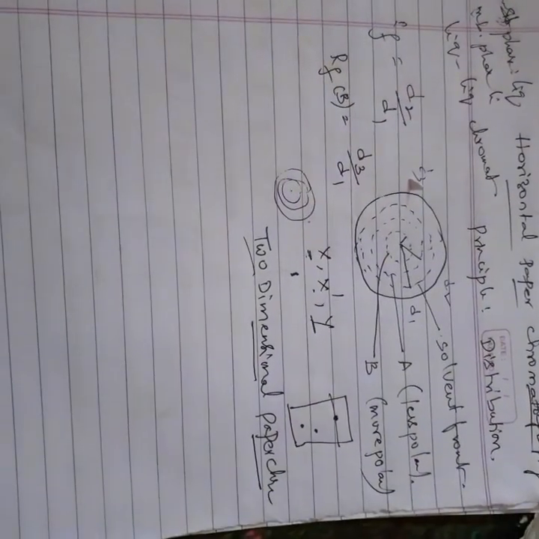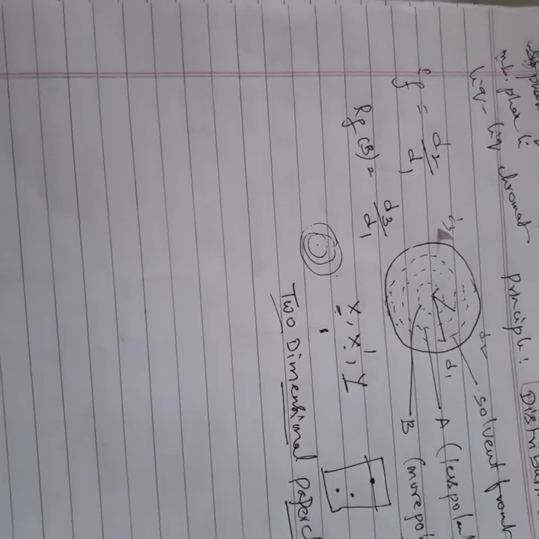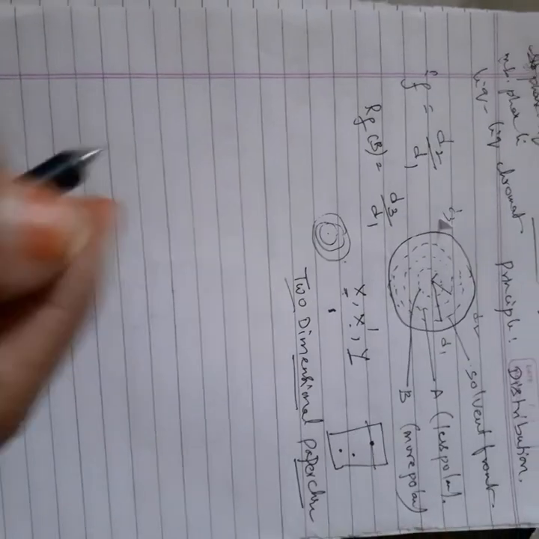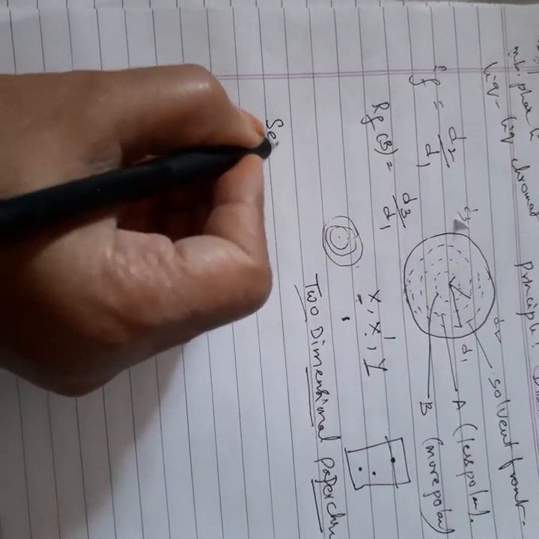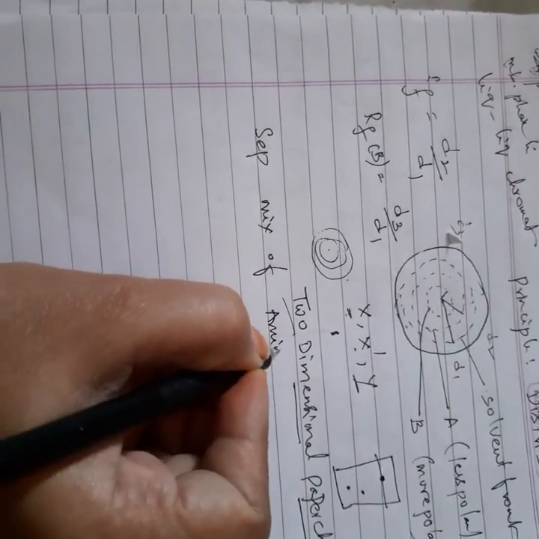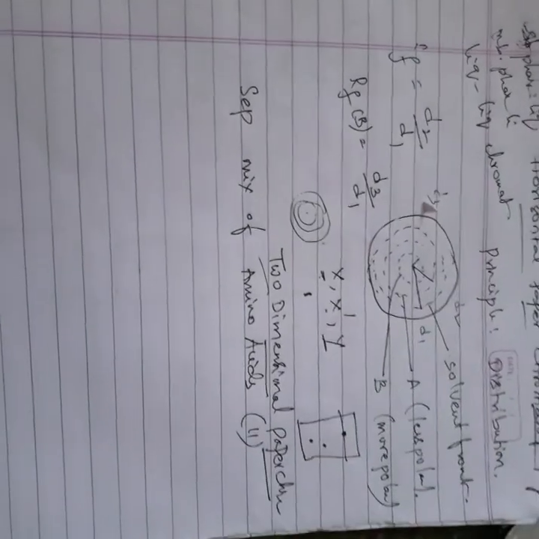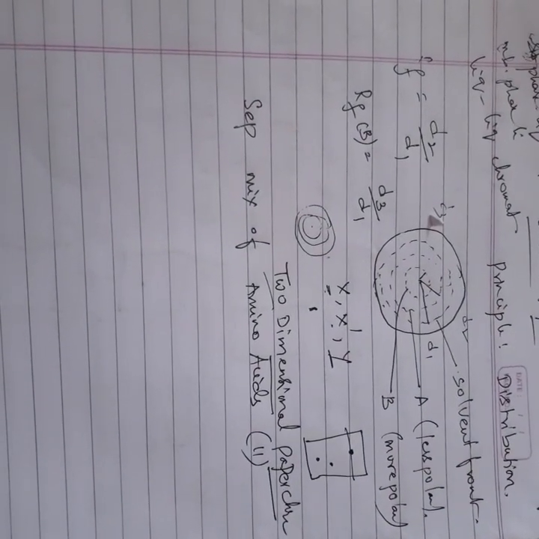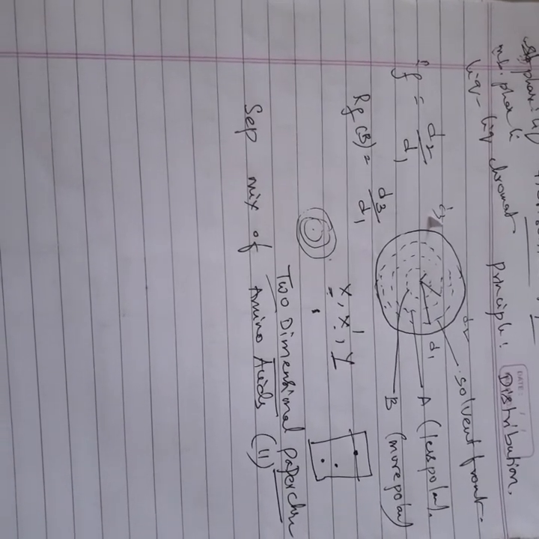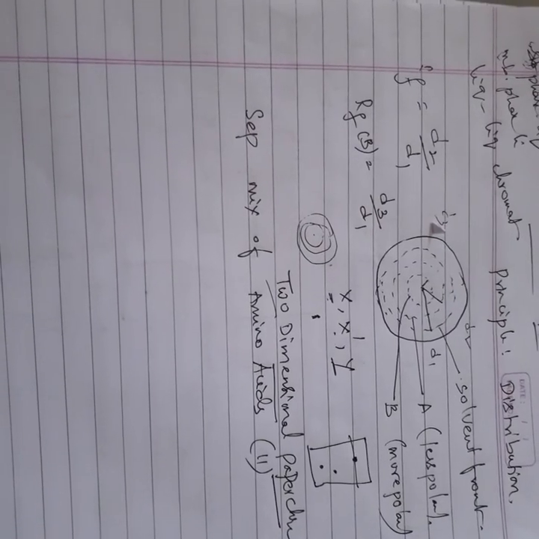In that condition the RF values are very close, so we can't predict the sample, whether this is A, this is B, or this is C. Let us suppose I want to separate a mixture of amino acids. For that I am selecting 11 types of amino acids. Because these amino acids have very close RF values, one-dimensional paper chromatography will not give better results for us.